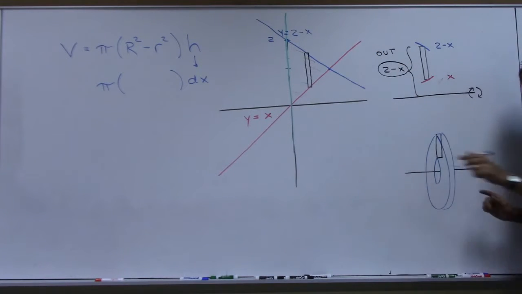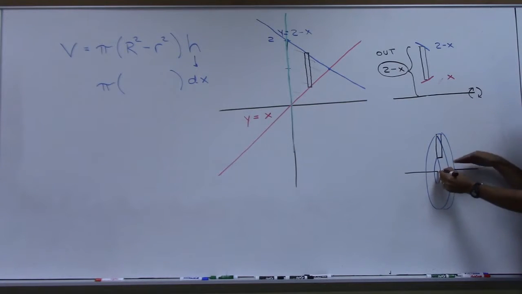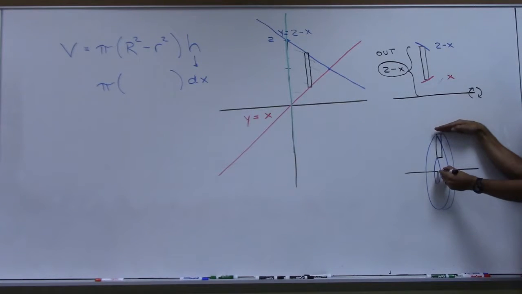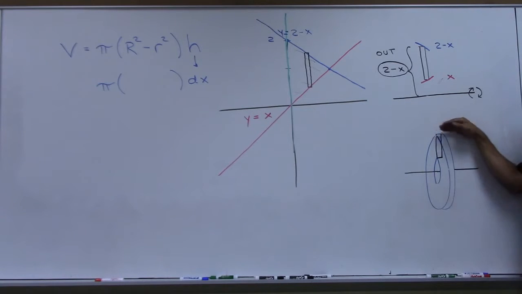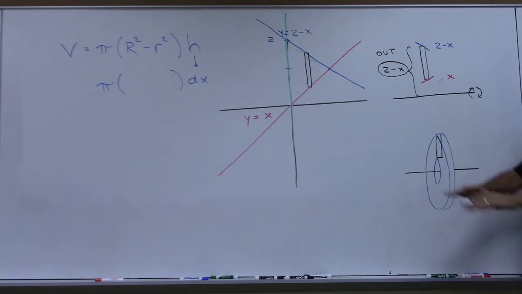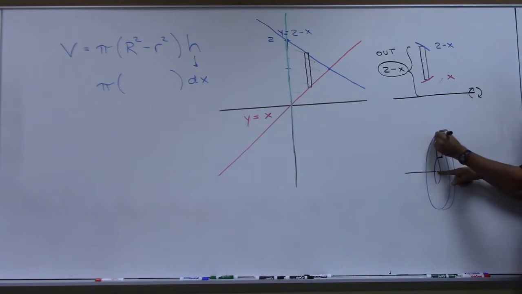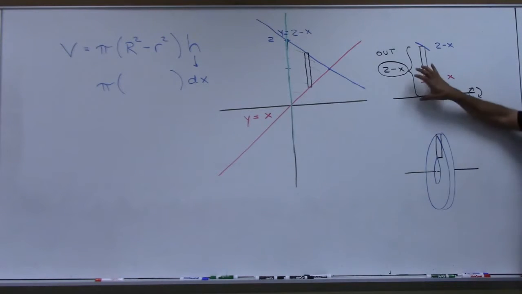What I mean by out is that this is the outer radius. If you're standing on this axis of rotation and you see this washer around you, the furthest point out, the outer radius, is that distance from here to here.